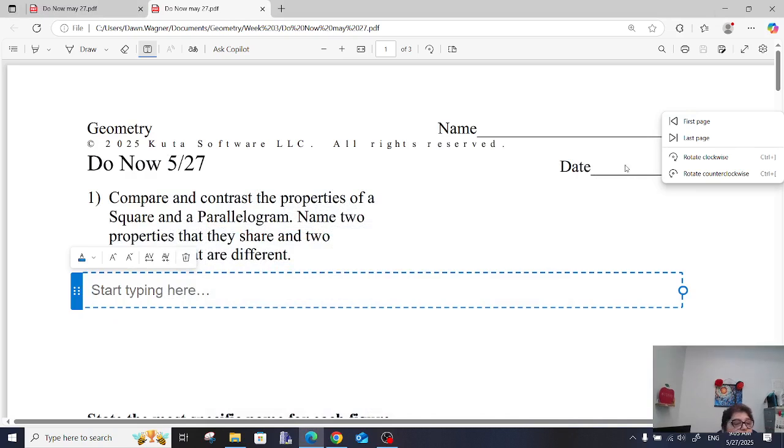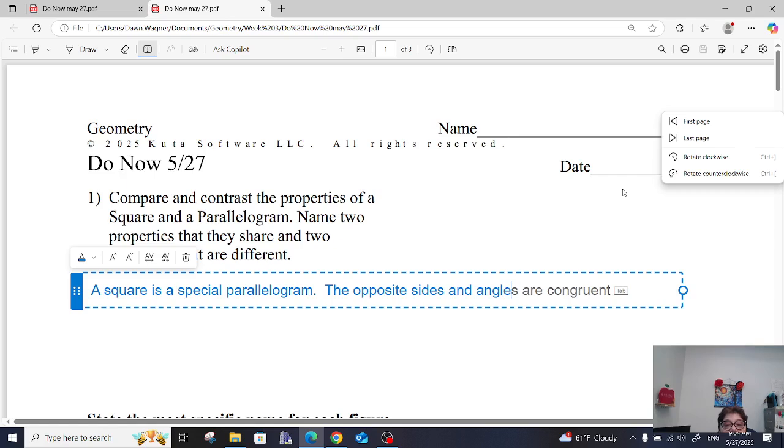So if you look at your chart about squares and parallelograms, a square is a special parallelogram. The opposite sides and angles are congruent, right?